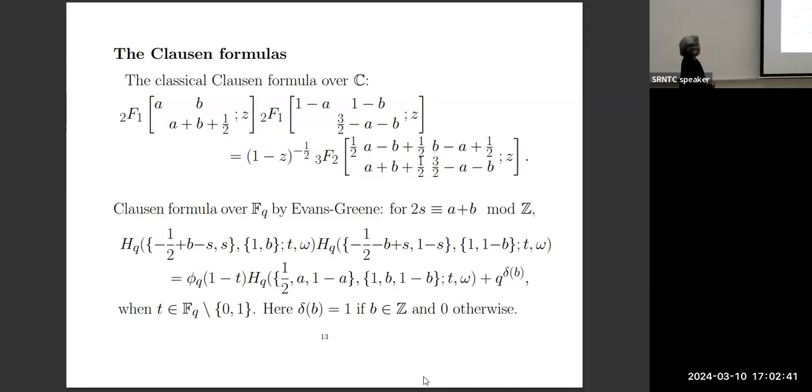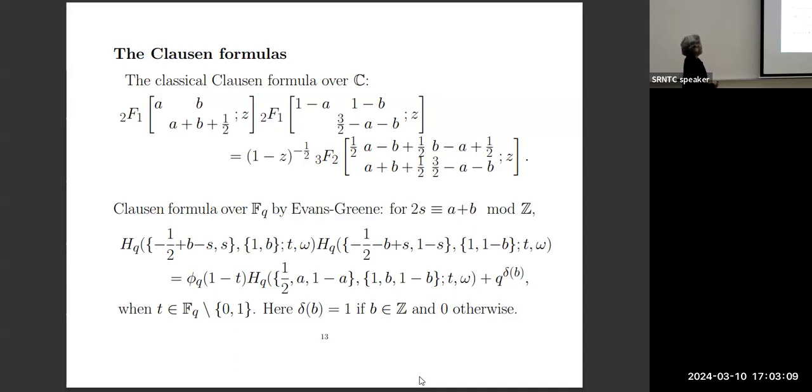On the left side, each H_q function uses a datum of length 2, and the other side is an H_q function with a datum of length 3. In front of that, it has a quadratic character, which corresponds to this 1 minus z. There we have minus t, 1 minus t, but it does have one extra term. This extra term is either q or 1.